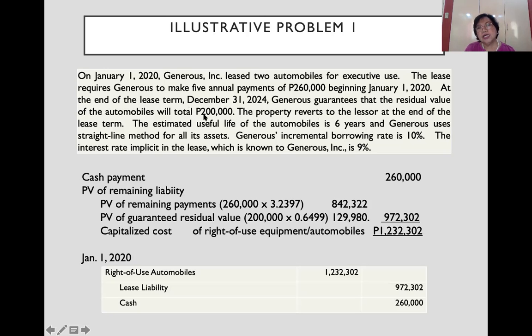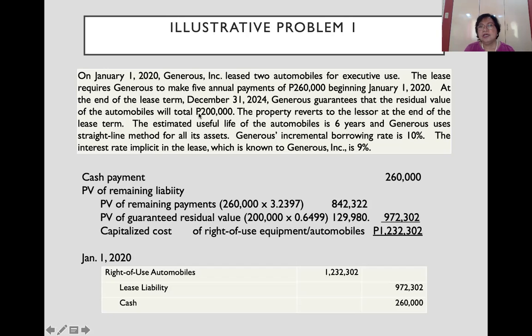Therefore, the lessor would want to have an assurance that at the end of the 5-year lease term, the asset will still have a value of 200,000. If not, any difference or any amount that is lower than 200,000 will have to be paid by the lessee.